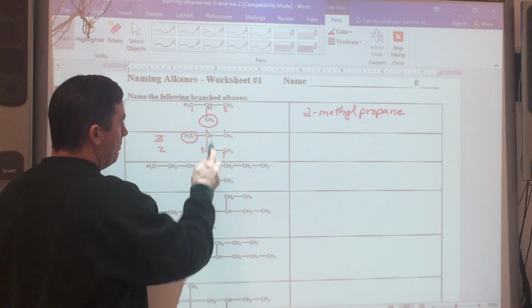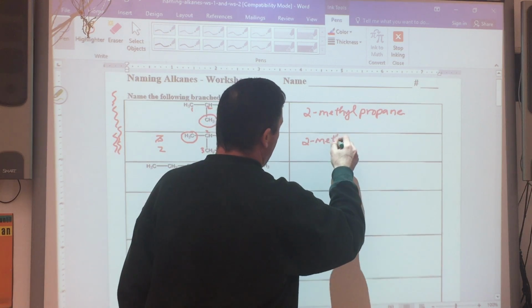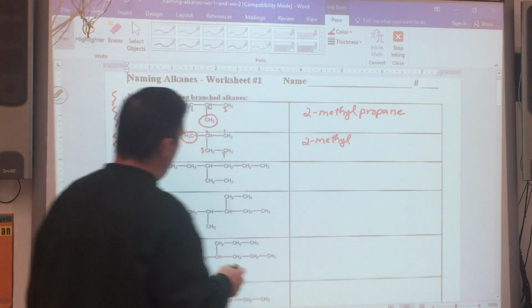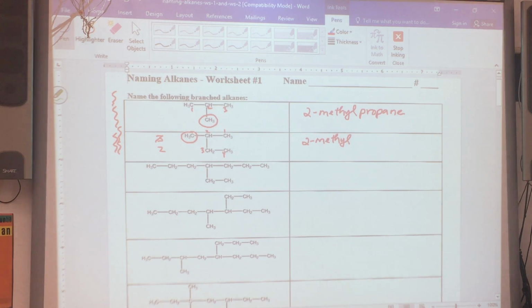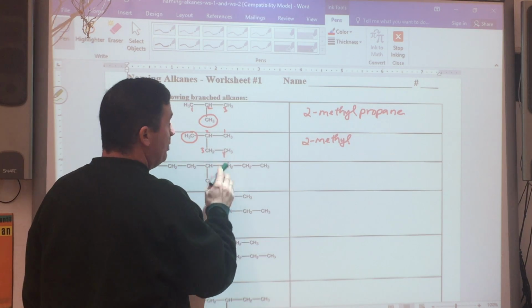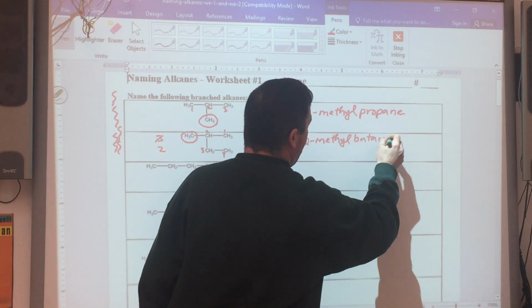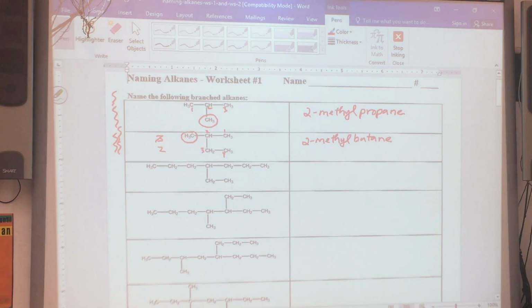It's sticking off of number 2. 2-methyl. And what's my longest chain? 4. Meth, eth, prop, but. Butane. 2-methylbutane.